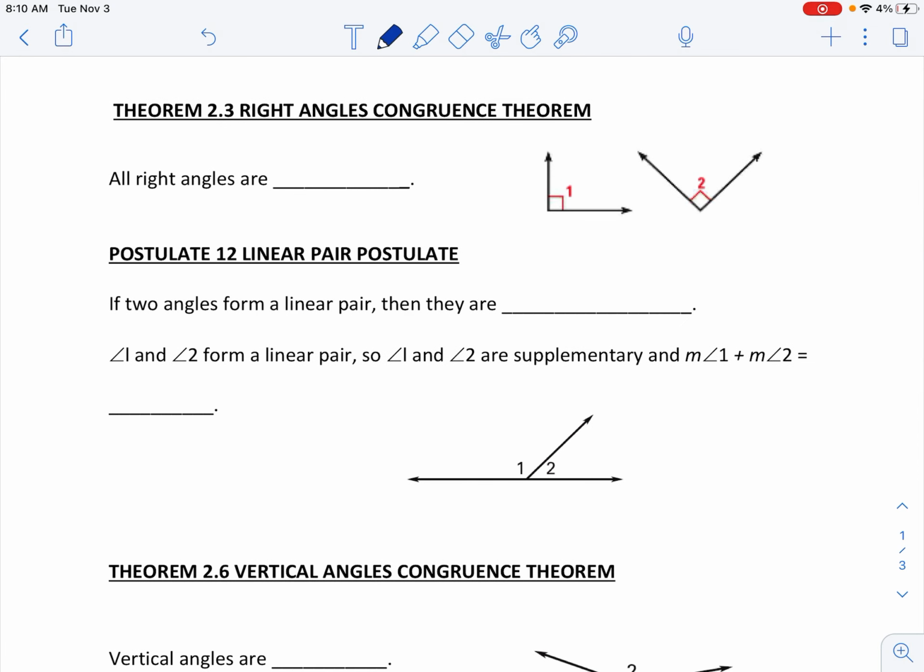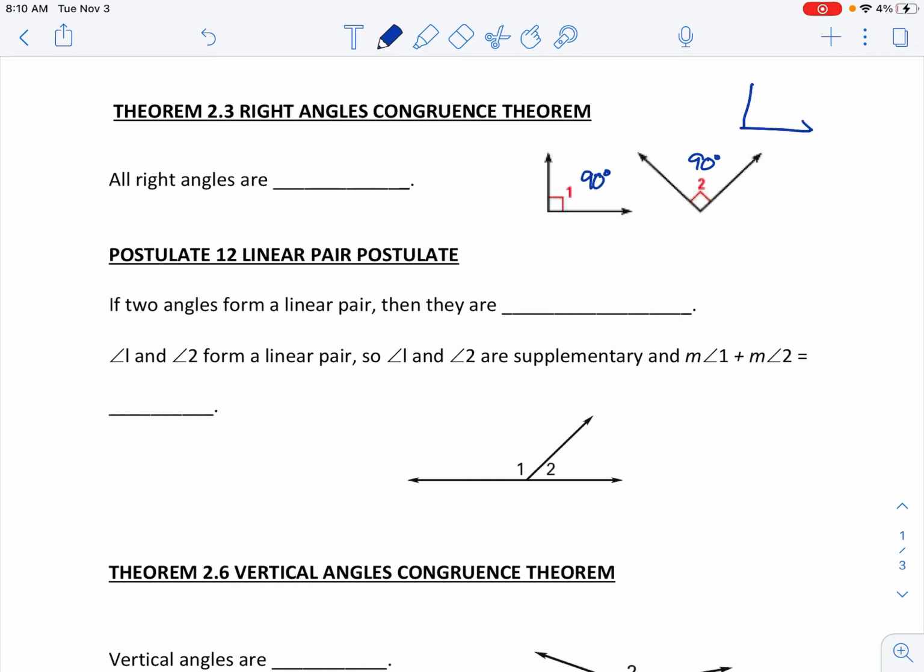If we're talking about theorems of angles, we're going to come in with one that I bet makes a lot of sense in your head because it talks about right angles, which you've learned a lot about from the beginning of your math journey, even before you got to high school. All right angles are 90 degrees, but that's not what they're going for here. If this one's 90 degrees, and that one's going to be 90 degrees, and I could draw another one for you, it's also going to be 90 degrees.